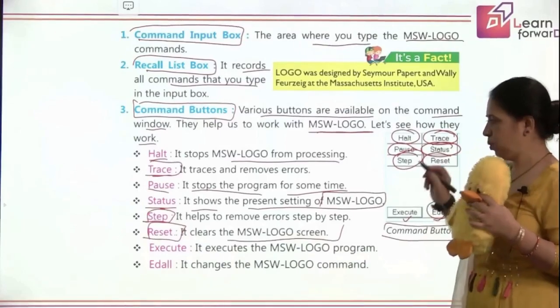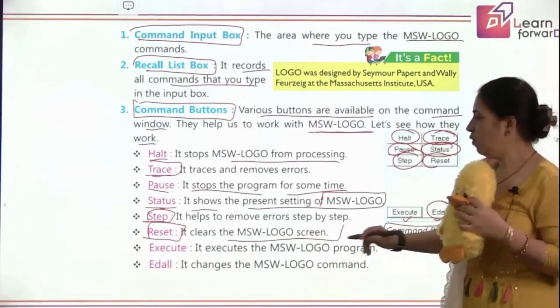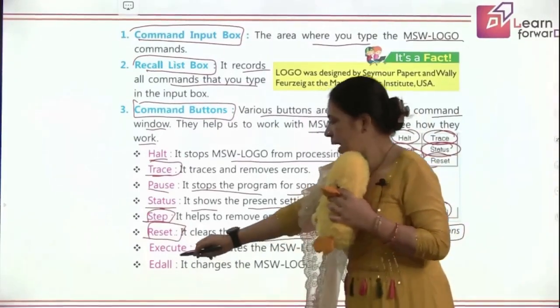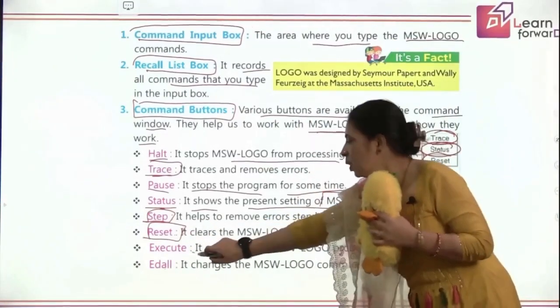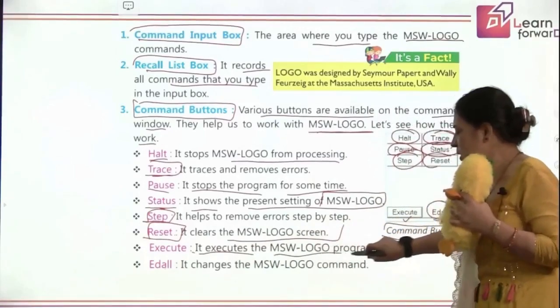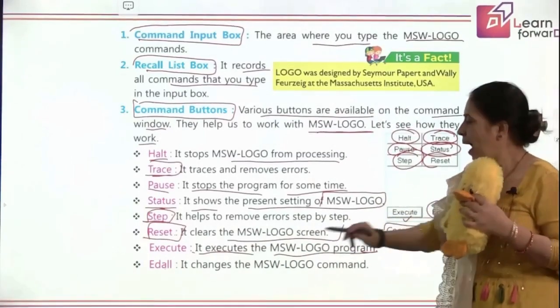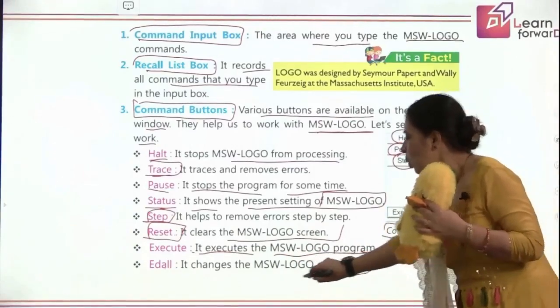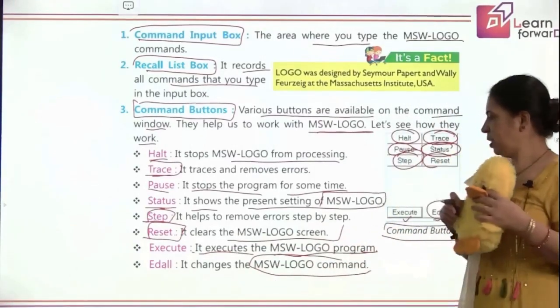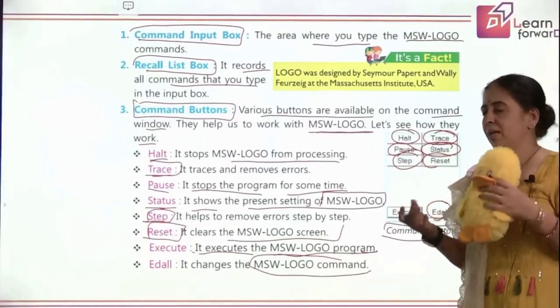I'll tell you the role of these buttons. The first one is execute and second one is add all. So, when you click on execute button, it executes MS logo program, and the add all button will change the logo of the command. It changes the MS logo command to another command.